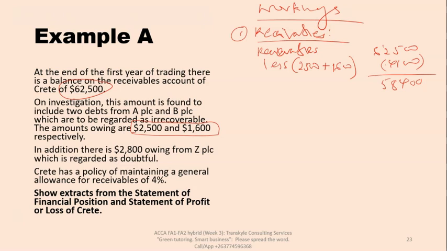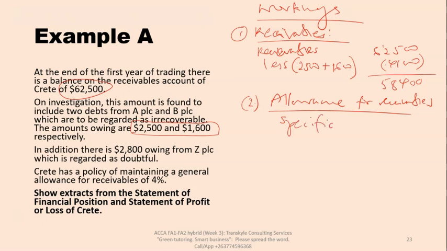All right, and let's determine the allowance for receivables. We have got the specific allowance. This one can be easily identified. It's 2,800, because we know that Mr. Z is doubtful, so that's a doubtful receivable. Then we need to compute the general one.